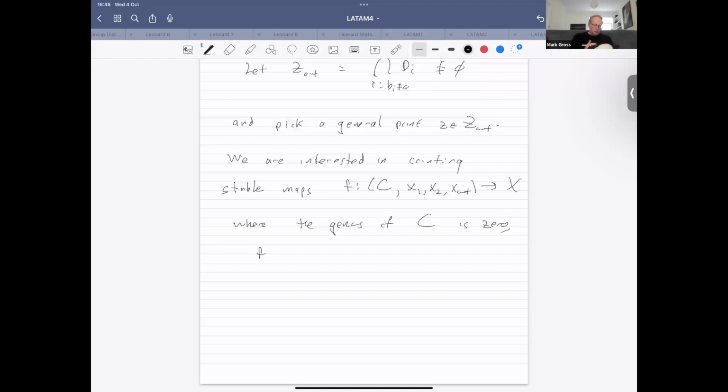And now I'm going to give something a little bit vague, and I'll try to sharpen this a bit. f has contact order a1i with the divisor Di at x1. f has contact order a2i with Di at x2.